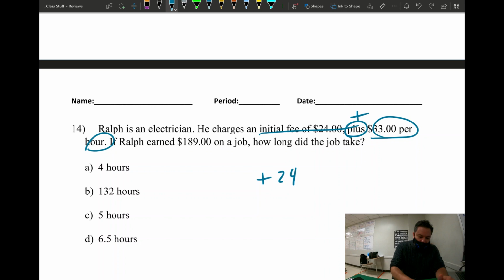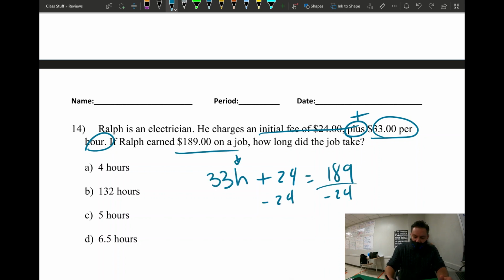How long did he work? Right? We need to find H, how many hours he worked in order to get the $189. So, first step, subtract 24 on both sides. 189 minus 24 is 165. That cancels out, and you're left with 33H.